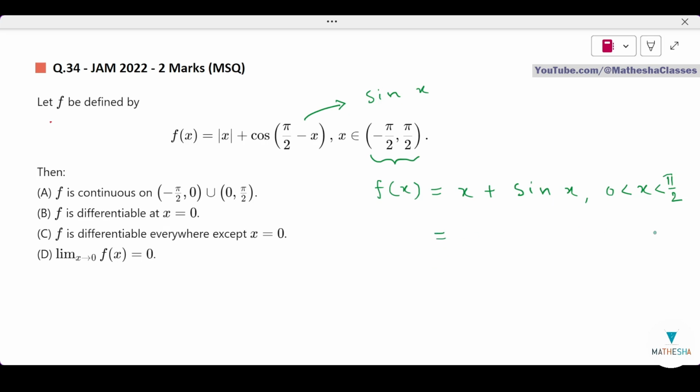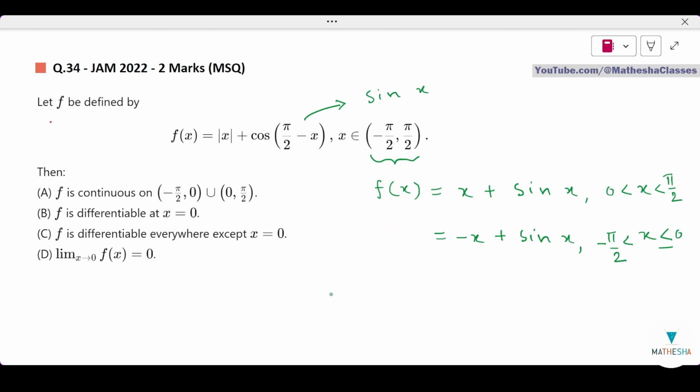Similarly, if x is less than or equal to 0, then it will be equal to minus x plus sin x. Definitely x will be bigger than minus pi by 2, noting the domain of the function f(x). So this is the simplified expression for f(x).